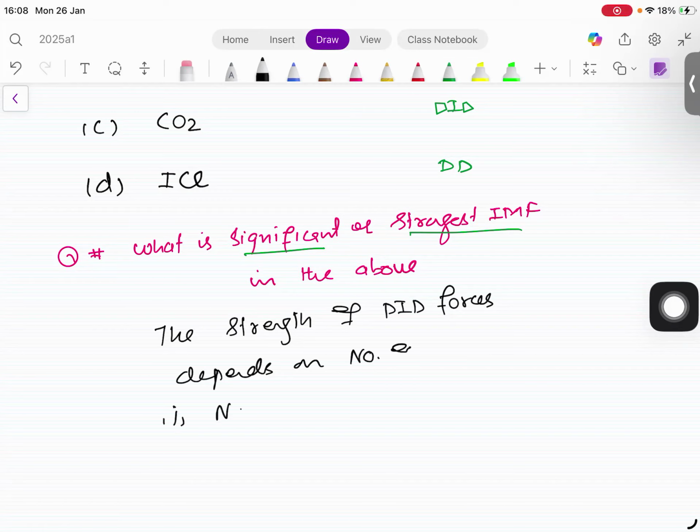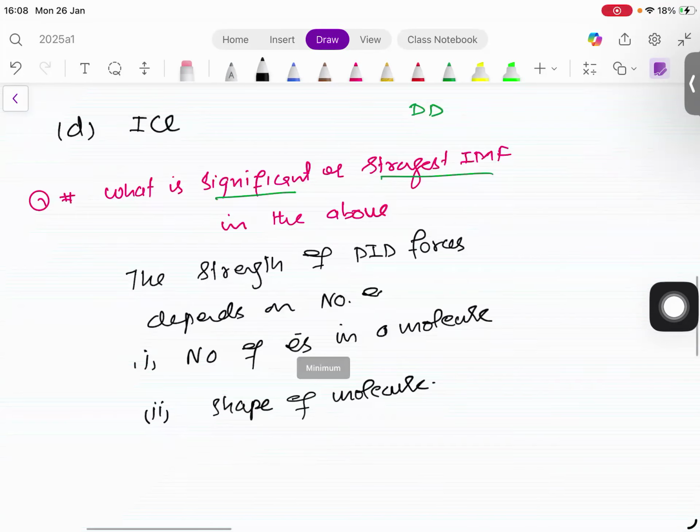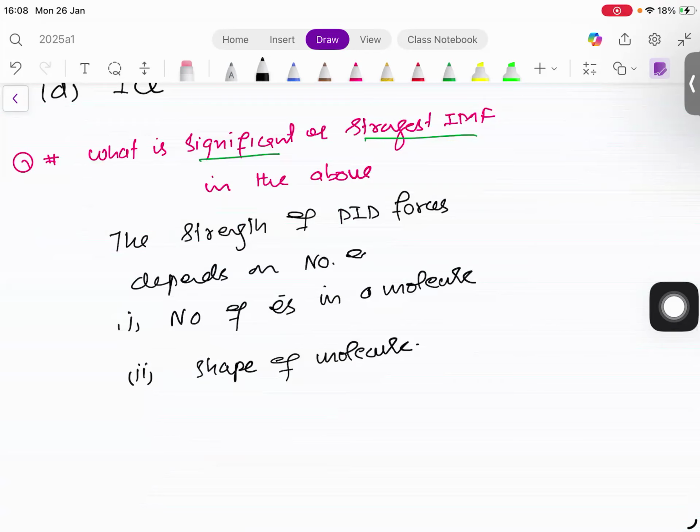Number one, the number of electrons in a molecule. And number two, the shape of the molecule. Now let me explain it.